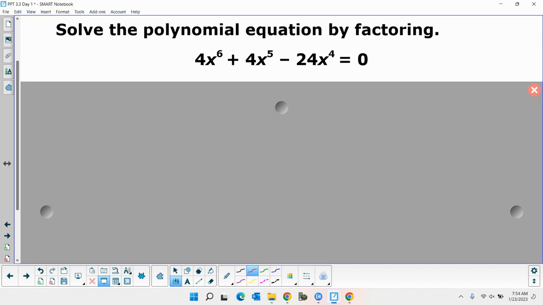What's your answers? Set equal to 0, right?